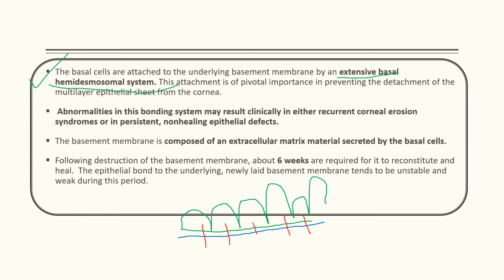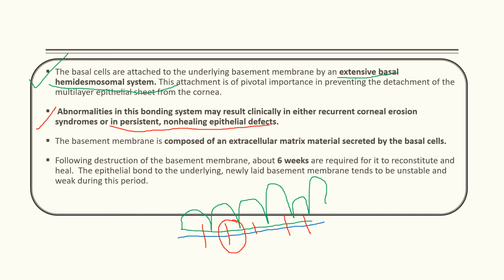Now, why are these hemidesmosomes important? Because they prevent the detachment of the multilayer epithelial sheet from the cornea. Now, what will happen if there is any abnormality in this bonding system? So it may result clinically in either recurrent corneal erosion syndromes or in persistent non-healing epithelial defect.